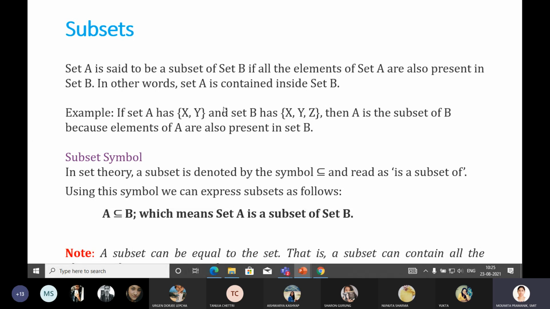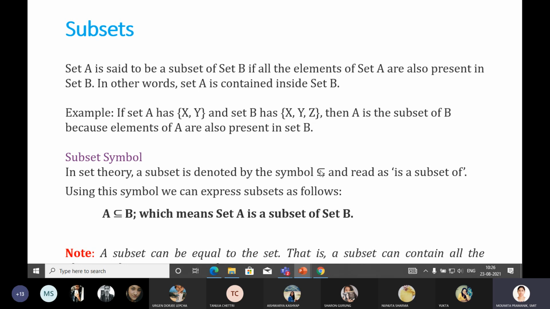Okay, so a subset is represented through this symbol. Can you notice this one? In set theory, the subset is denoted with this symbol, and it is read as "a subset of".